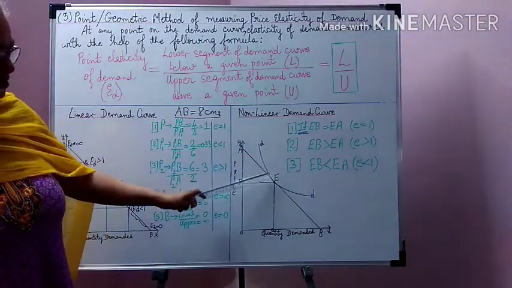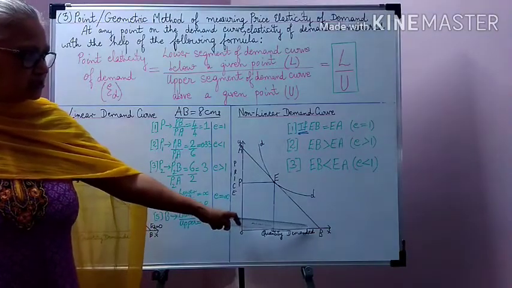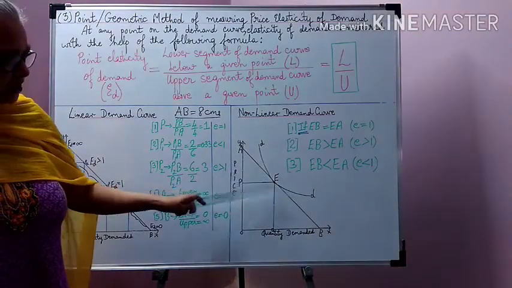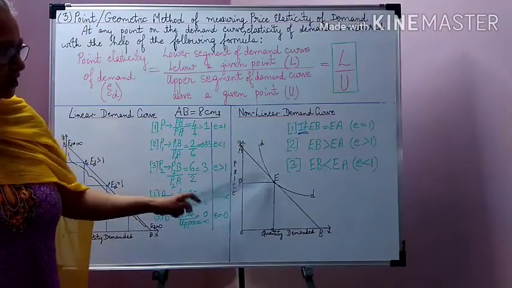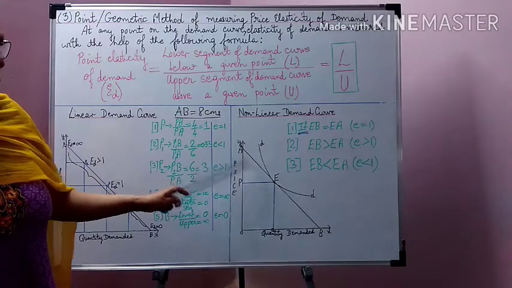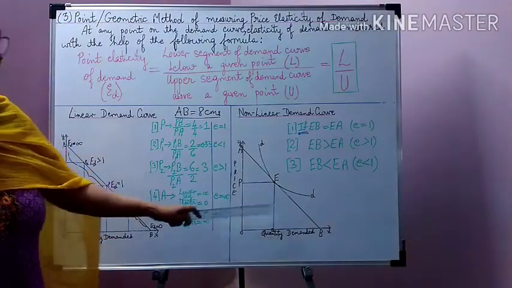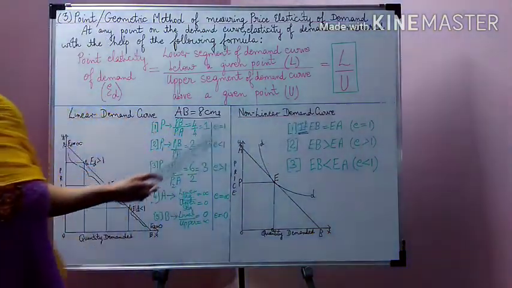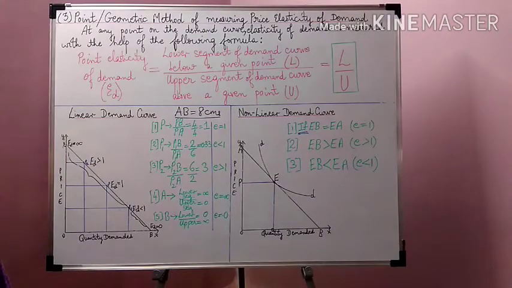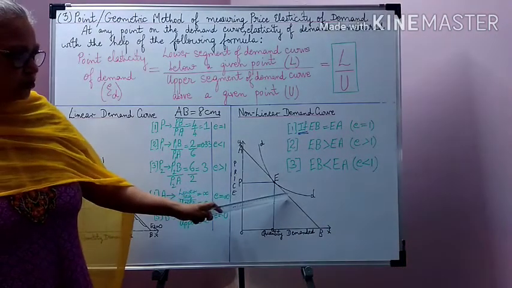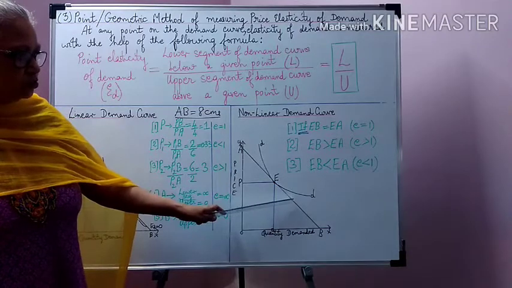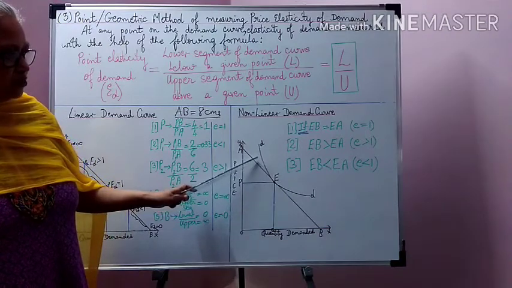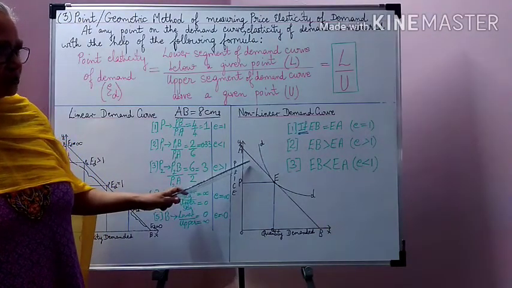If EB, this is my lower part and this is my upper part. If EB upon EA is equal, then it is a case of E equal to 1, that is unitary elastic demand. If the point is here, the demand curve is here, you will draw one tangent over here. So, if the point is here, you draw a tangent over here then.